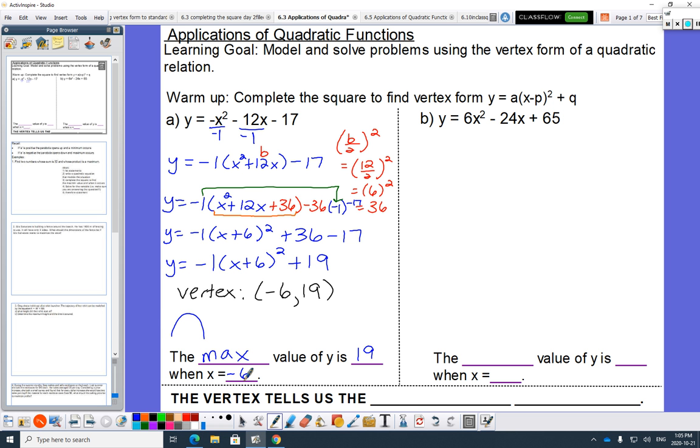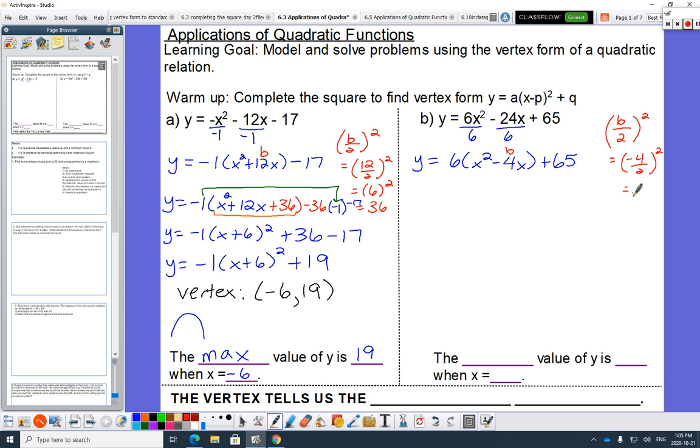So now here, this one is a 6. -4 is fine.